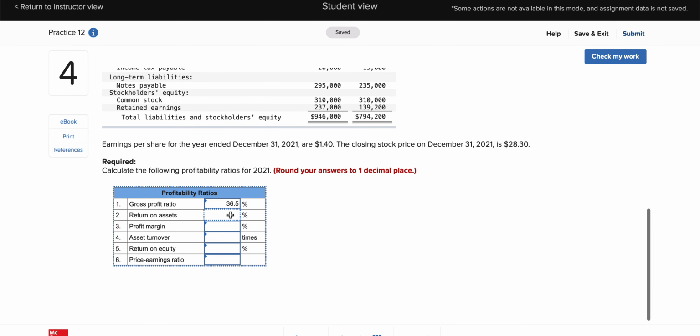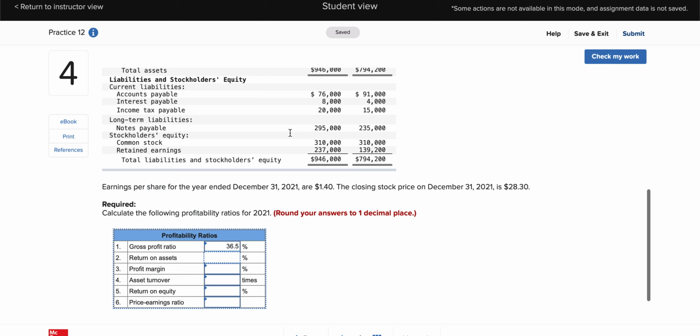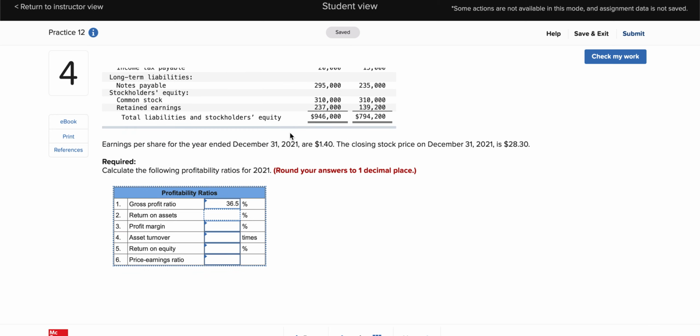I have 36.5% of every sales dollar available to run the company. That's not really the greatest gross profit percentage, because what it's saying is that your cost of goods sold is about 63.5% of your total sales price. And that's a lot. Not a lot of margin there to work with.